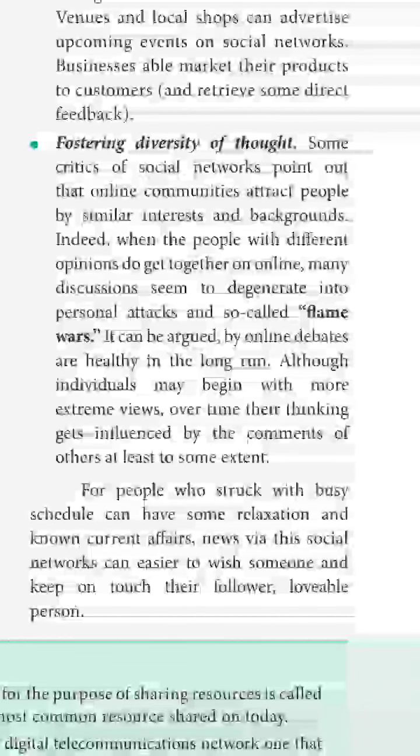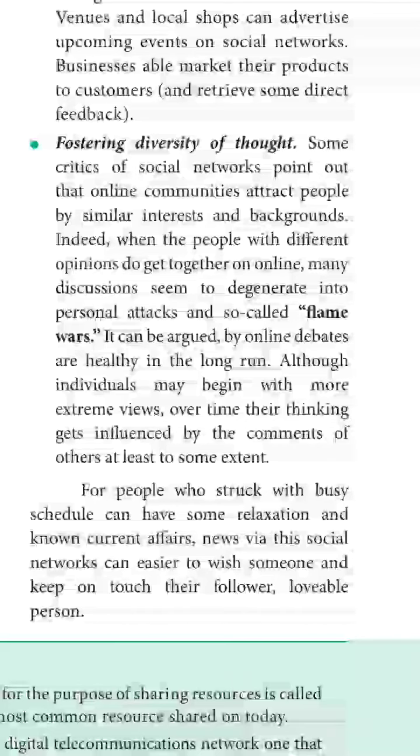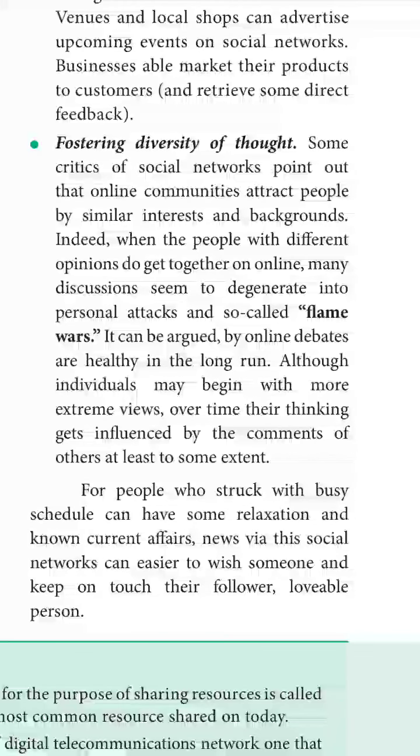In this paragraph, they are trying to say that if you are sharing some content, then some of the difference of opinion will be erased, and people with different ideas will be arguing with it. This argument is known as flame wars.